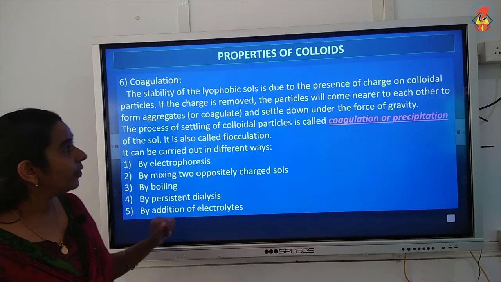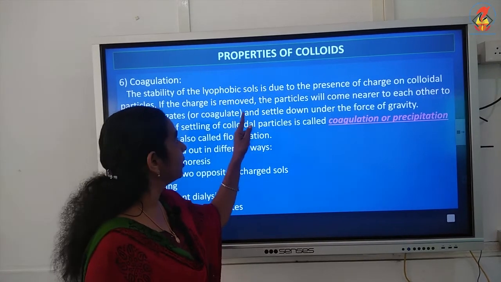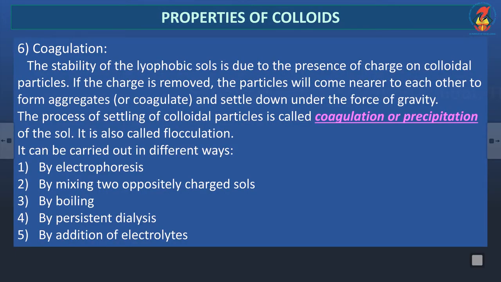So, the stability of lyophobic sol is due to the presence of charge on the colloidal particles. If the charge is removed, the particles will come near. Once we remove the charge of the colloidal particles, they will come close to each other, they will become precipitate, and they will settle under the force of gravity.